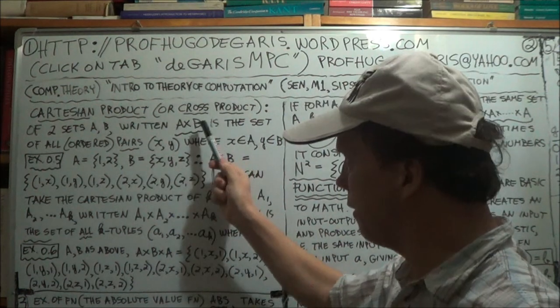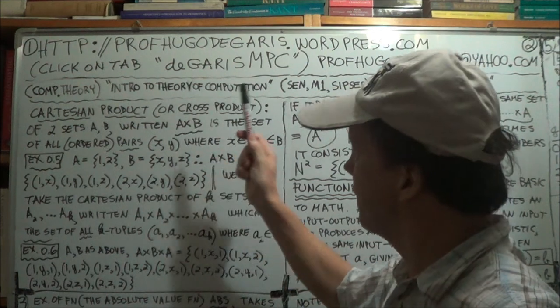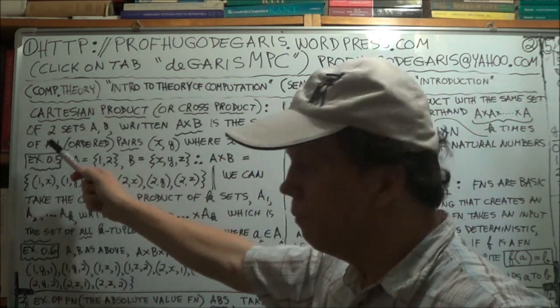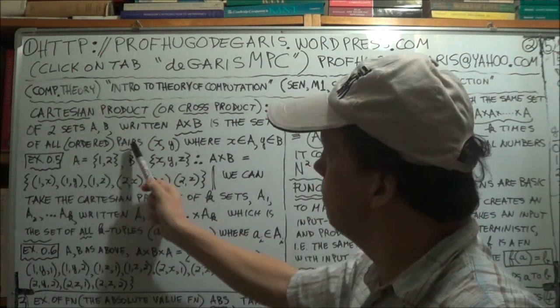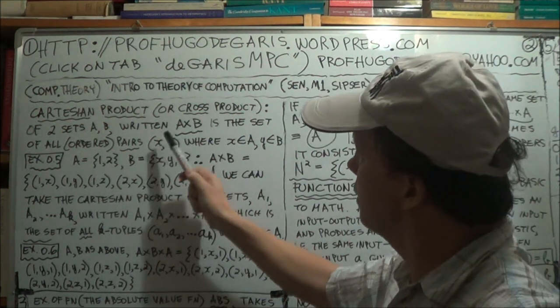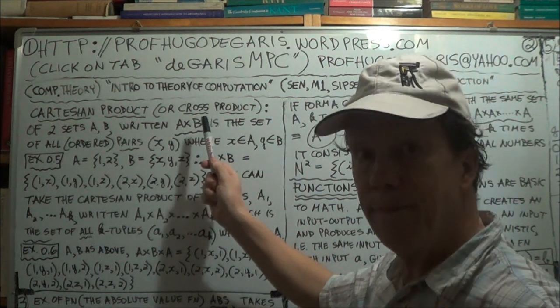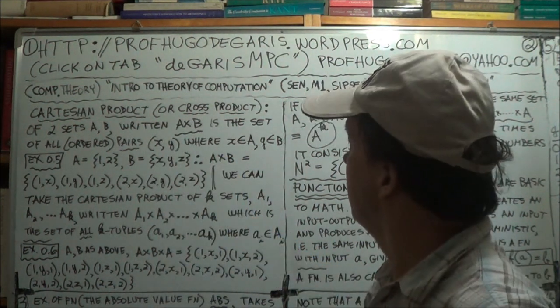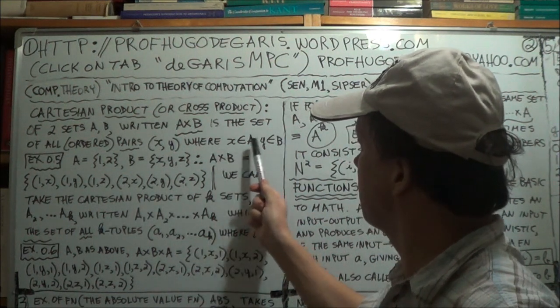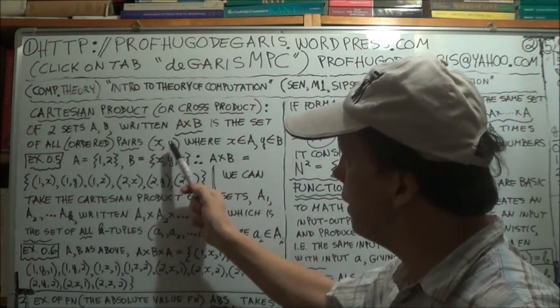And what is it, by definition? Well, it's the set of all possible ordered pairs, x comma y, where x is taken from set A and y is taken from set B. Okay? So where x belongs to set A, and y belongs to set B. So it's all possible pairs you could have.